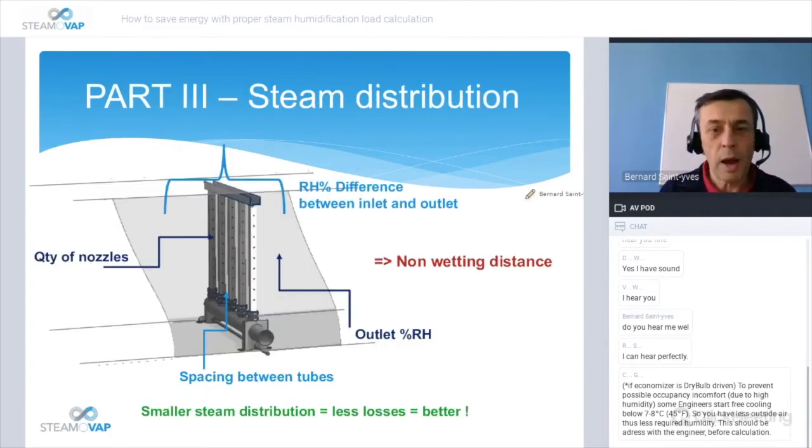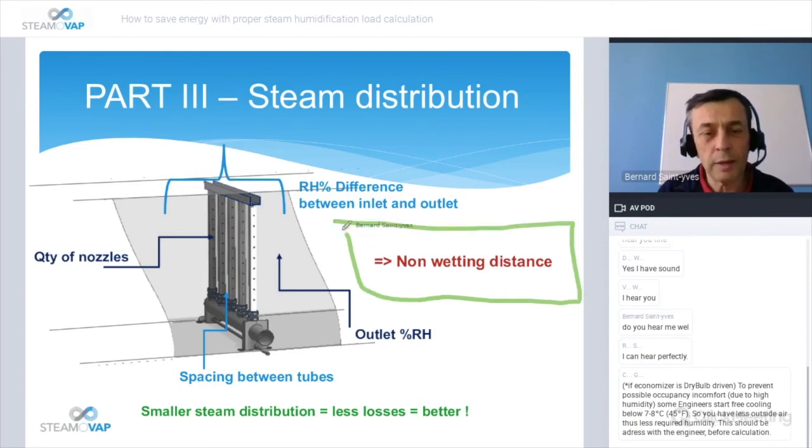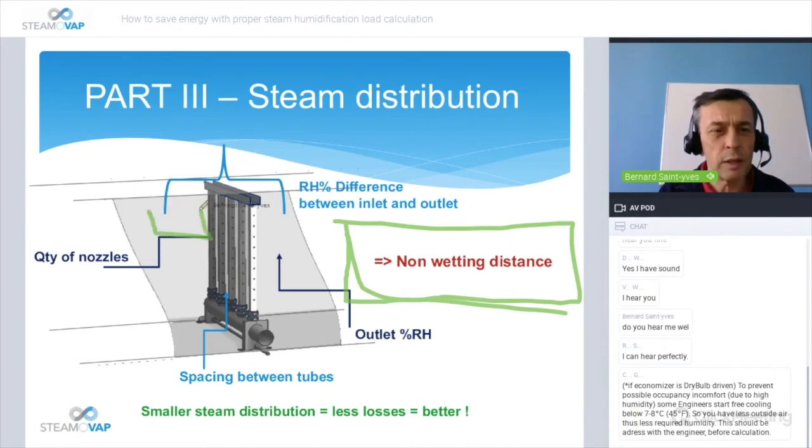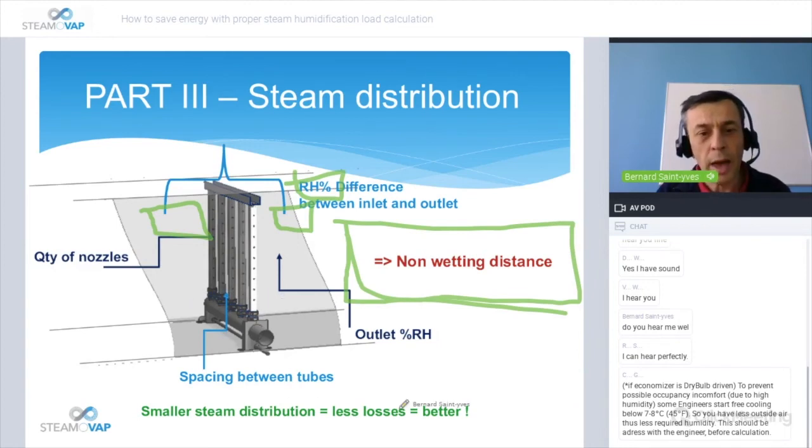So this is the parameter that will play and that will give you the non-wetting distance. That's the difference between the entering and the leaving condition of relative humidity before and after the ramp. Of course, the quantity of nozzles and the spacing between the tubes. And the smaller the steam distribution is, of course, you will have less losses and it will be better.